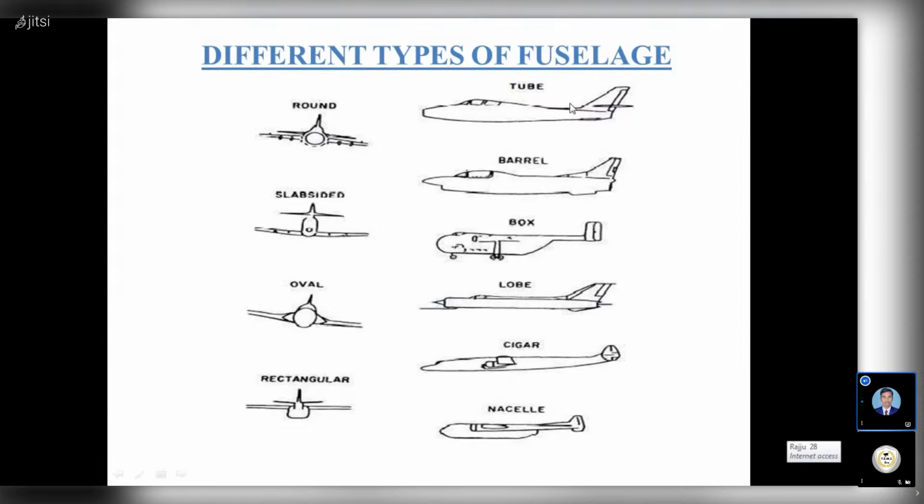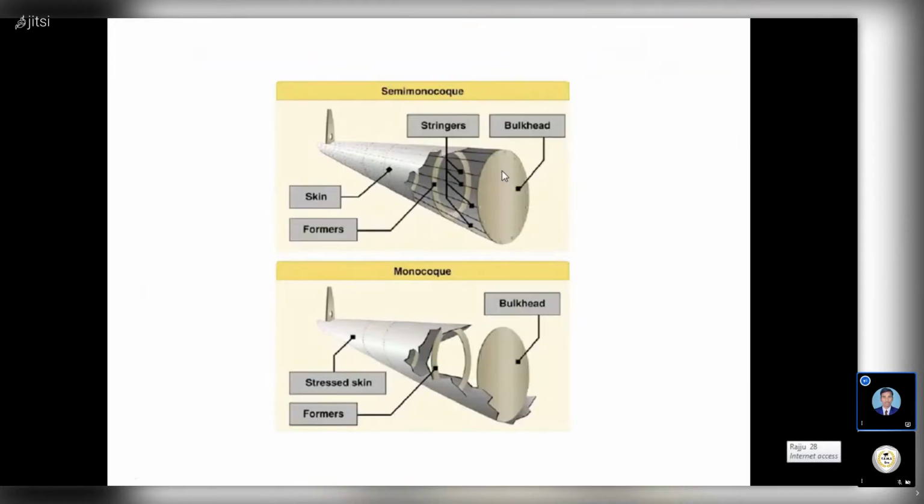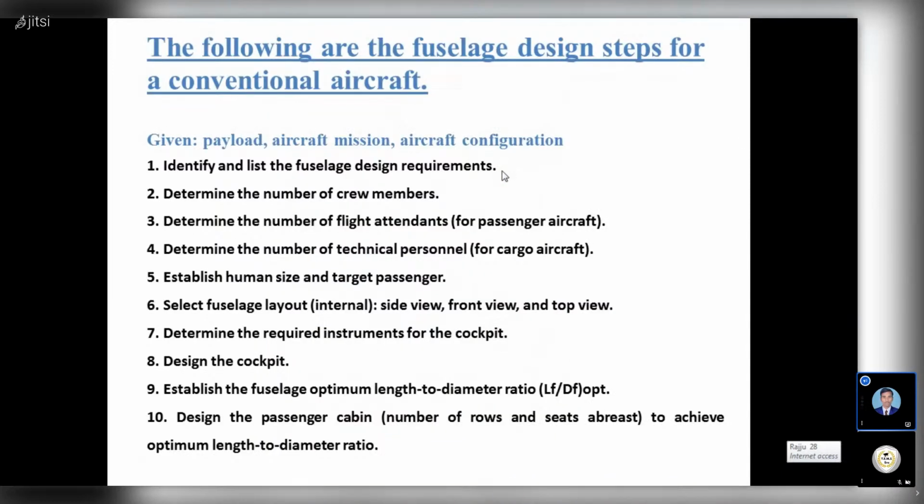With respect to the different types of fuselage, we can see the cross sections also, right? Slab side, round, oval, ellipse type, rectangular type fuselage. So we have different types of fuselage and cross sections, like semi monocoque type or monocoque type.